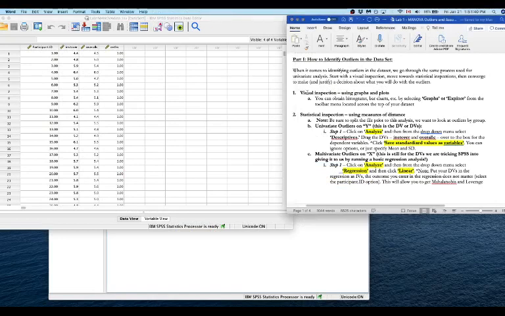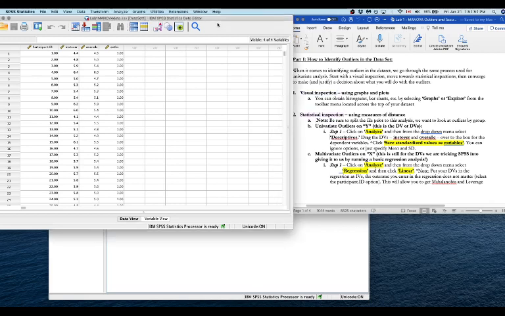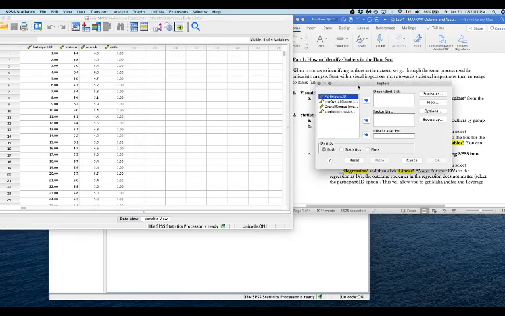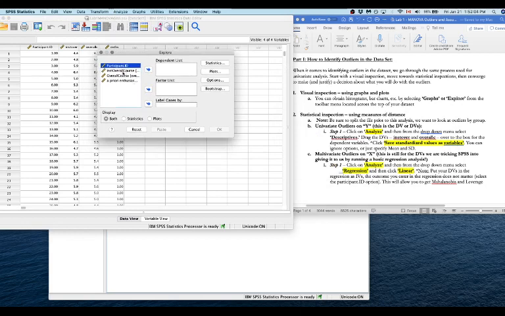So first off, you want to do a visual inspection. Do you need to? No, and it doesn't tell you everything, but it's very useful. There's a number of ways that you can get this, but I like descriptives explore. Now here, let me just double check.